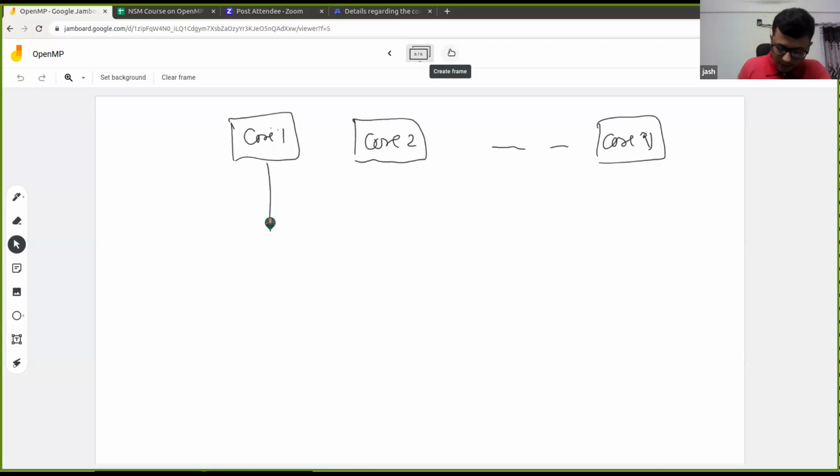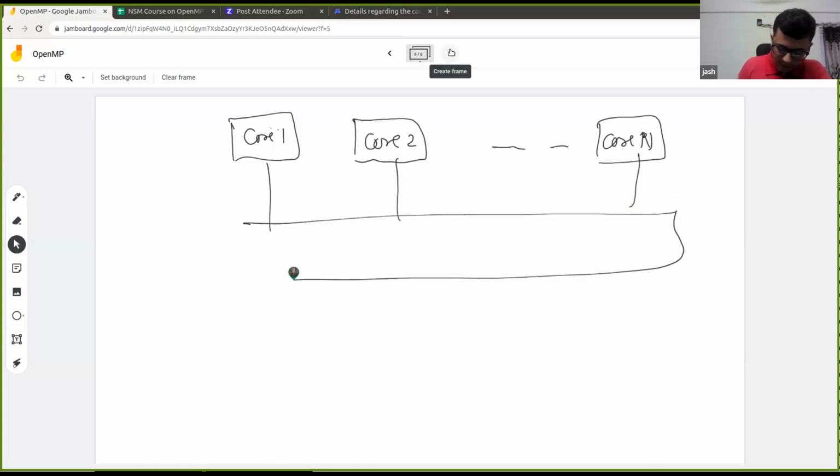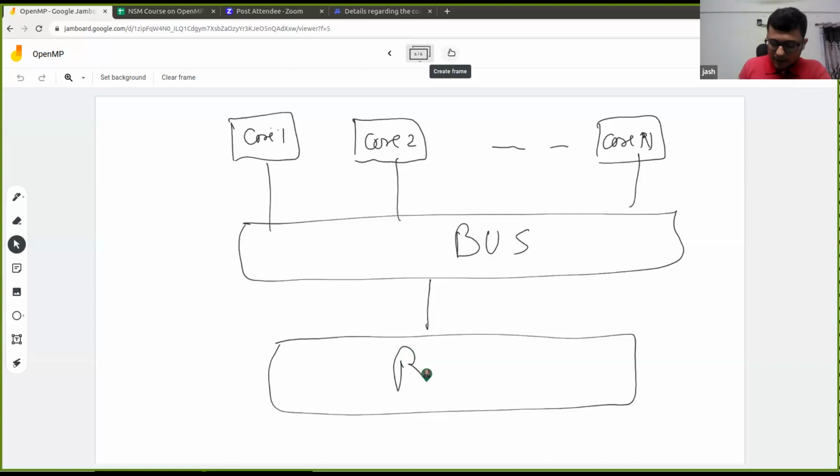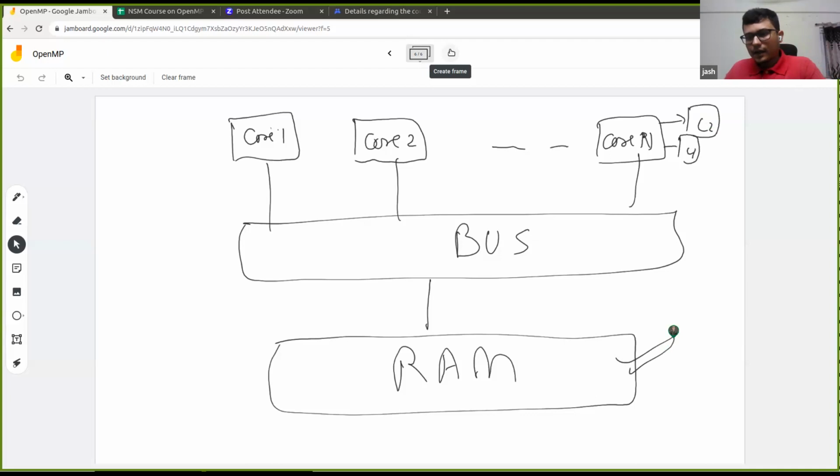They are connected via some interconnect bus, and we have a common memory, which is RAM. Each core will have its own cache, like L1, L2 cache. But by and large, the largest memory that it needs to access is the RAM, which is shared. And hence it is known as a shared memory system.